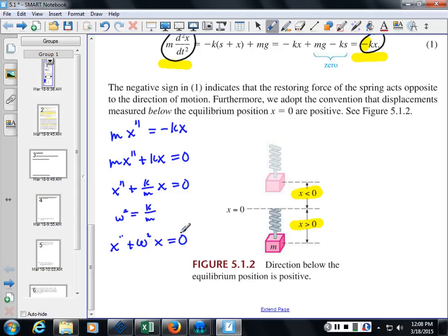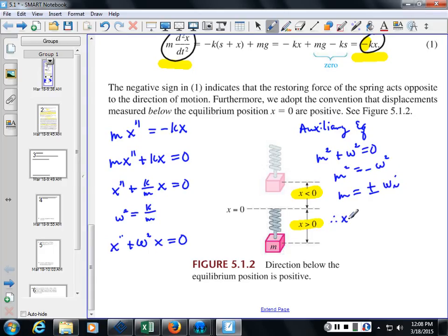Now the so-called auxiliary equation is of this form. This m that I'm going to write has nothing to do with the mass. It just has to do with the old auxiliary equation that we dealt with back in chapter 4. So this is m squared plus omega squared equals 0. I get m squared equals negative omega squared. Taking the square root of both sides, m equals plus or minus omega i.